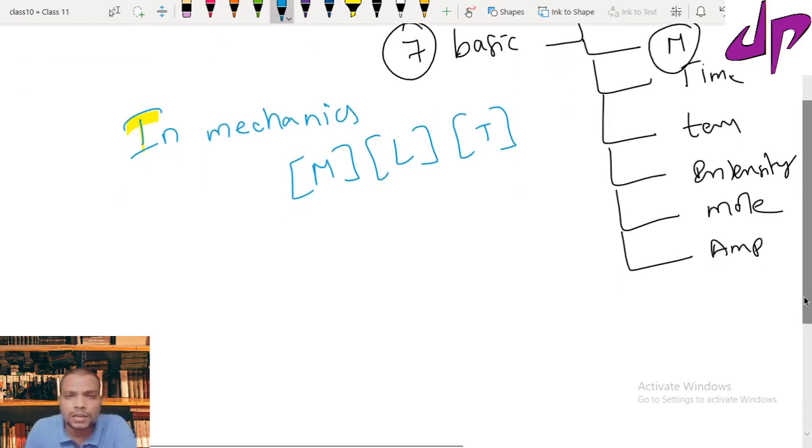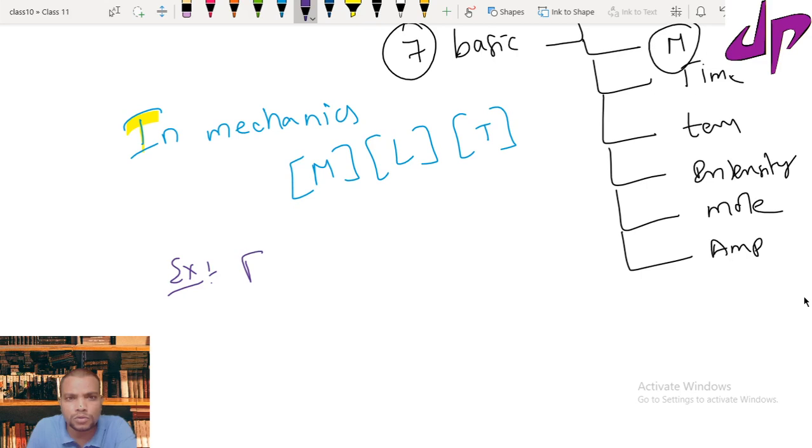These are the dimensions for any physical quantity. Let me take one more example. It's force. I would like to write the dimensions for force.